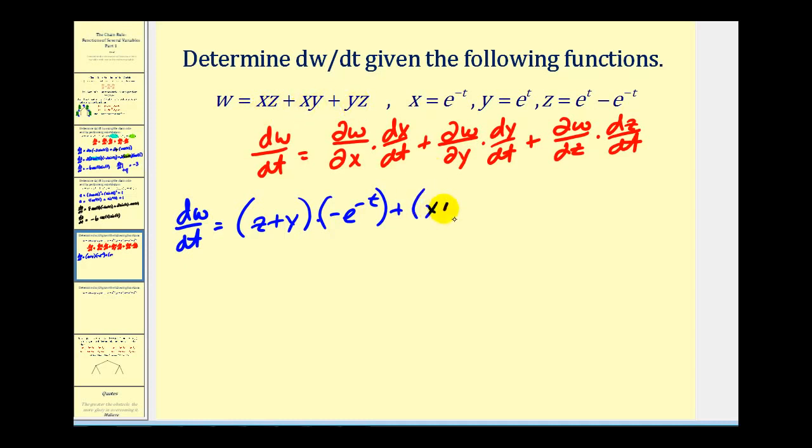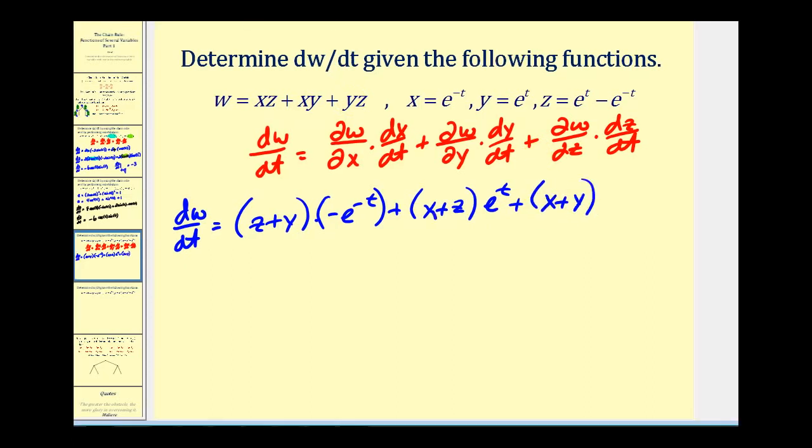So we have x plus z times dy/dt, that's going to be e to the t, plus the partial of w with respect to z, so we'll have x plus 0 plus y, or x plus y. For dz/dt, we'll have the derivative of e to the t minus e to the negative t. That's going to be e to the t, and then minus e to the negative t times negative 1. That'll become plus e to the negative t.